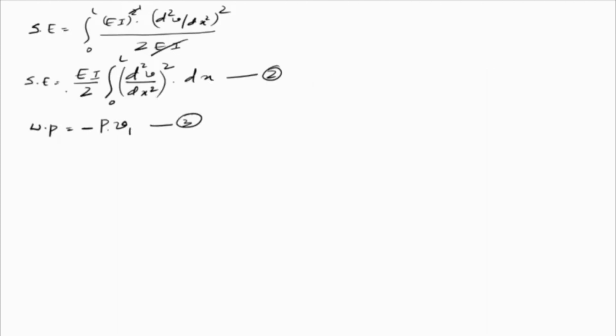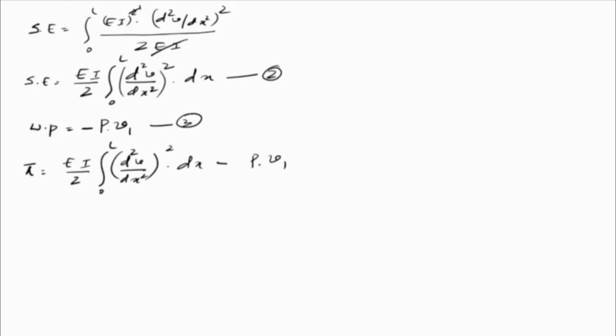Now I need to substitute this strain energy and work potential into the PE function. So my PE function pi will be equal to EI divided by 2, integration 0 to L, d square v divided by dx square, whole square into dx, minus P into V1. So this is my PE function.